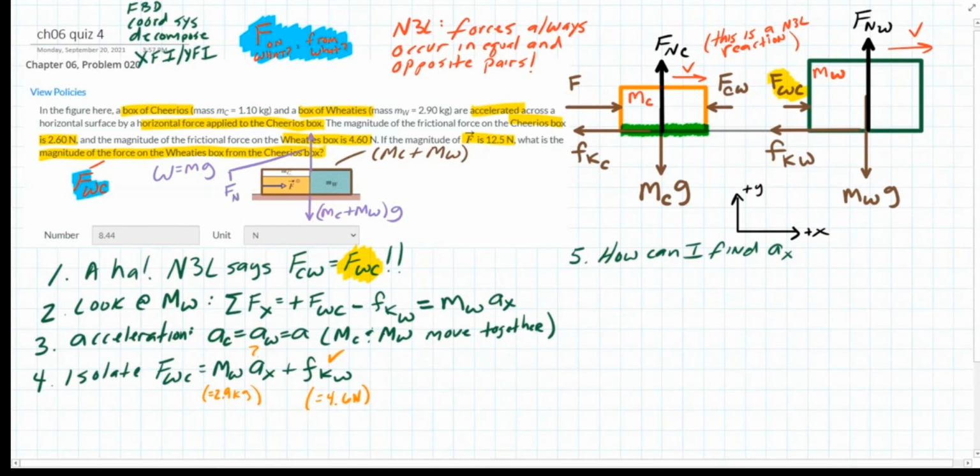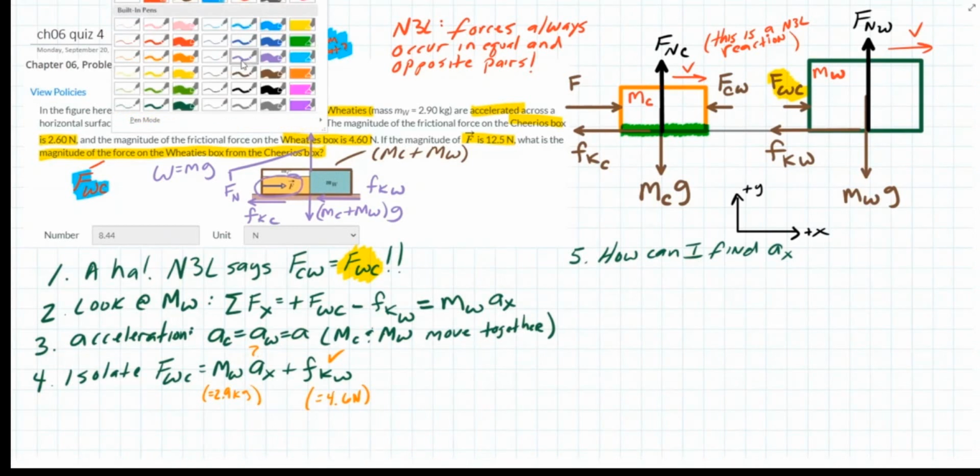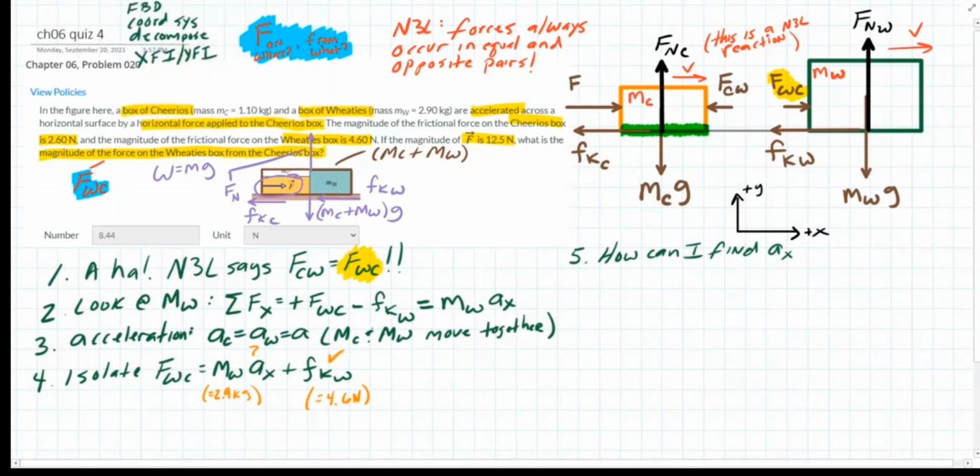I have the externally applied force on the Cheerios, and then I have my two friction forces: the friction force acting on the Cheerios, FKC, and the friction force acting on the Wheaties, FKW. Now that I'm considering this as a single system, these two boxes are staying together, so I'm just going to consider them a single object.